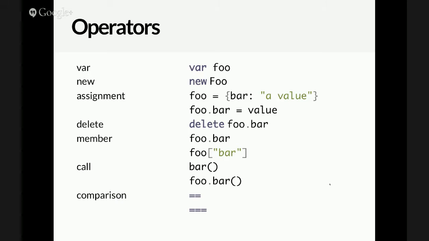And then there's the call operator, which reads a function. And there's a dot call operator, which reads a function but had a dot operator before it. Those two things do slightly different things, which we'll talk about when we talk about how the keyword this works in JavaScript. And then finally, JavaScript has a ton of comparison operators.